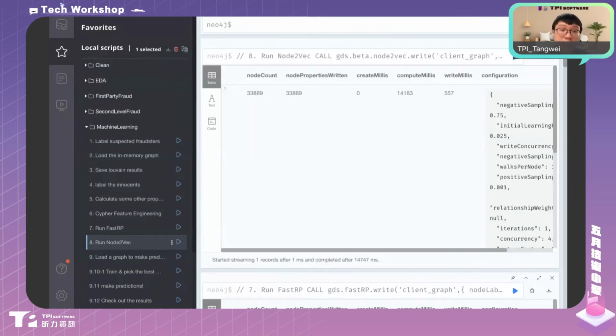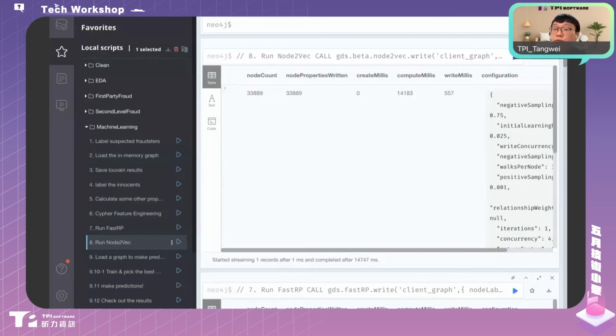This is because we will do node classification, which is a supervised machine learning approach for which we need the label data. And then when we get the label data, we will also perform some feature engineering, or calculate some other properties to make more features.